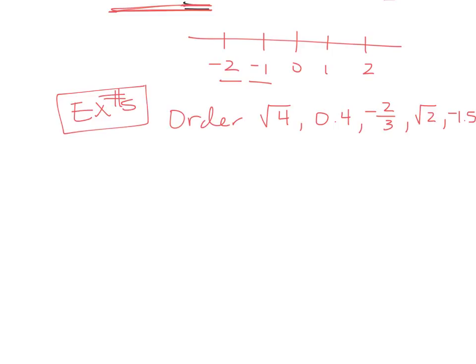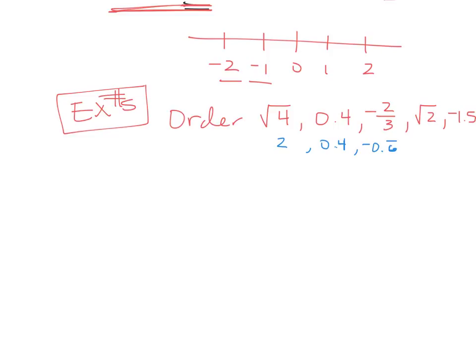What is the square root of 4? 2. Okay, 0.4 is already a decimal, so we're going to leave that as 0.4. What is negative 2/3? If you don't know, you can plug it into your calculator, right? Negative 2 divided by 3 would be negative 0.6 repeating, so 6, 6, 6, 6 keeps going.